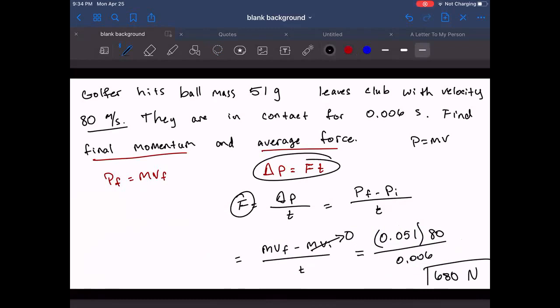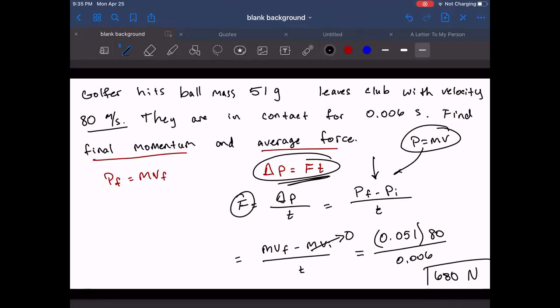And then this is the step you're going to have to do on your test. Figure out if it's impulse or not. Remember the equation, and then go through this process here. Delta P is this. Yeah, I got to plug each one of those into there. So this is what you're going to have to do.